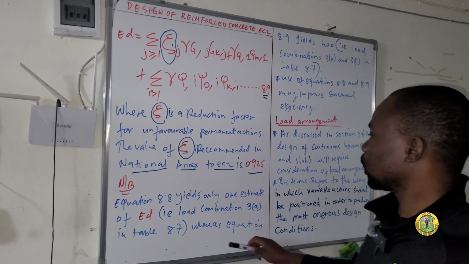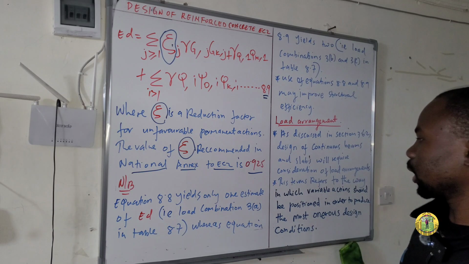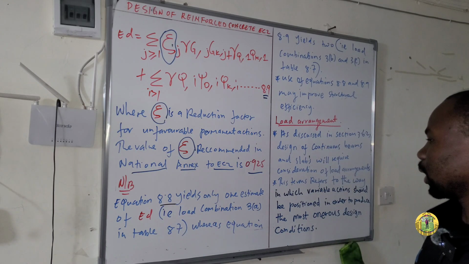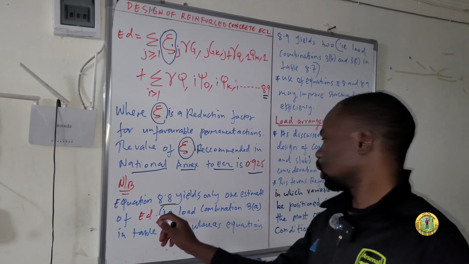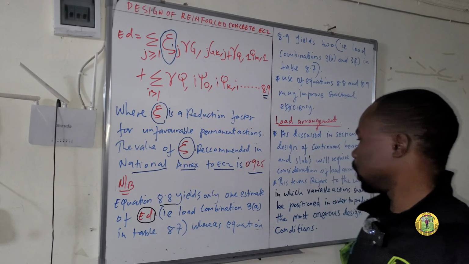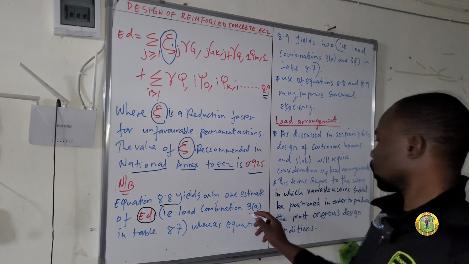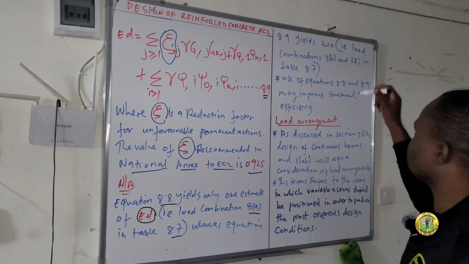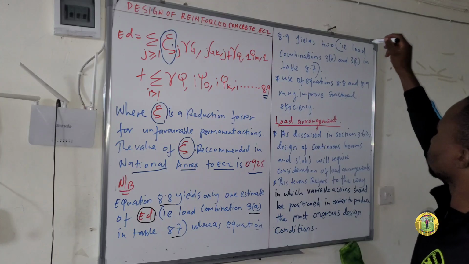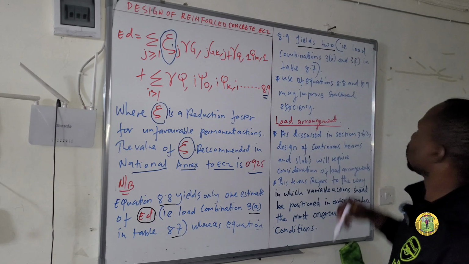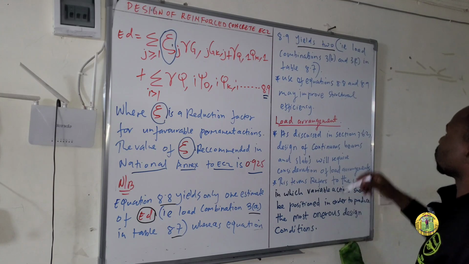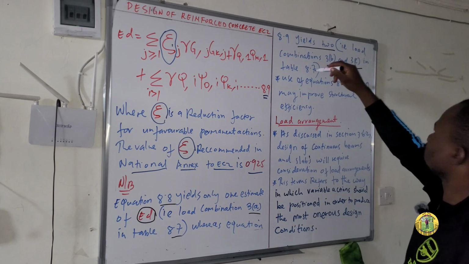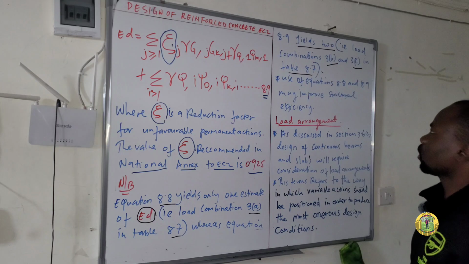0.925. And then a point to note, equation 8.8 yields only one estimate of design action, i.e. load combination 3A in table 8.7, whereas equation 8.9 yields 2, i.e. load combination 3B and 3C in table 8.7.